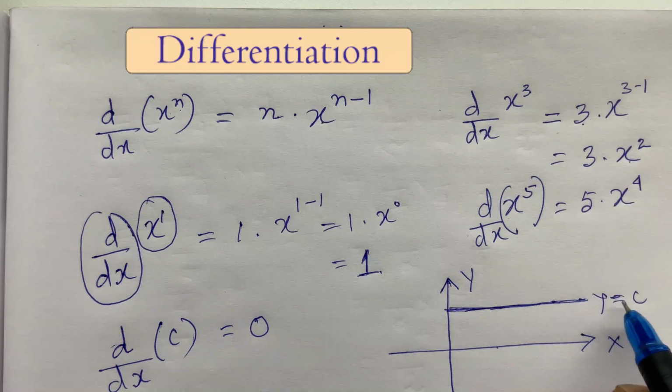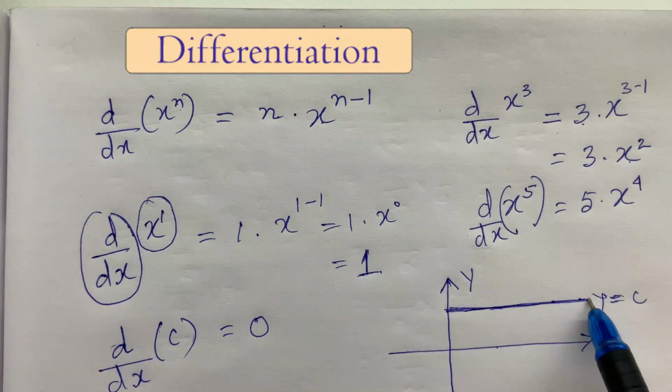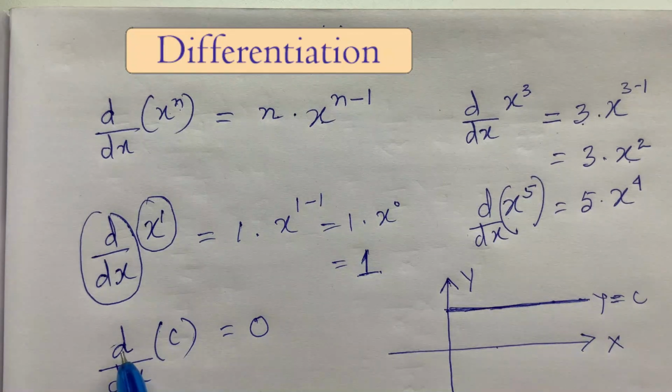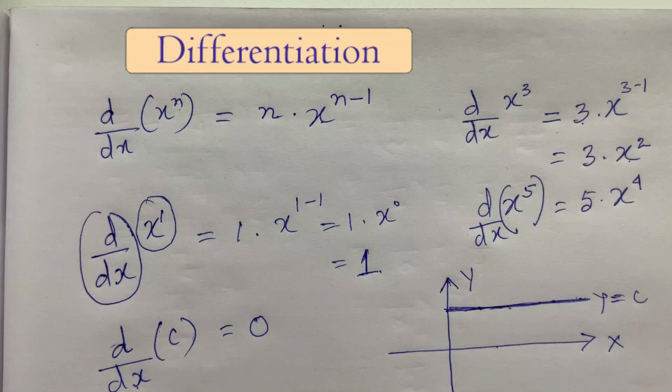As the y equal to c curve is parallel to x, there is no change at any point. So this gives d/dx of c equal to 0.